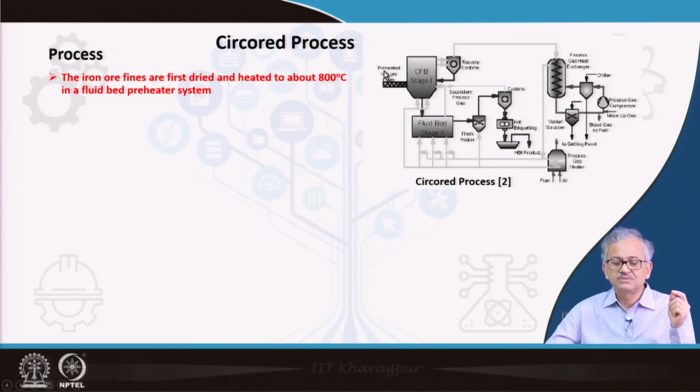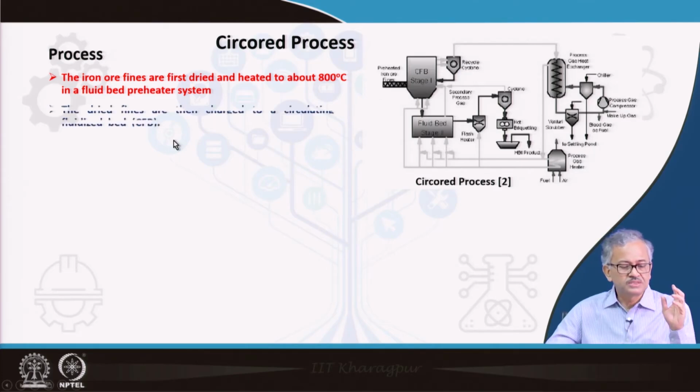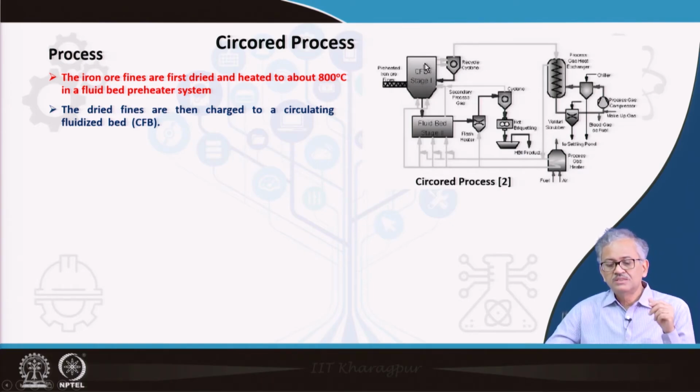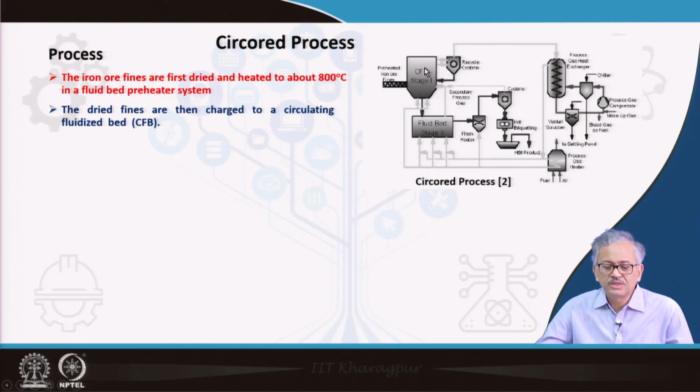So you can see the iron ore fines are first dried. That is the fines you take. You first dry it, and then heat it to about 800 degrees centigrade in a fluid bed preheating system. Before this preheated iron ore comes, there is also a circulating fluid bed system where you preheat these iron ore fines.